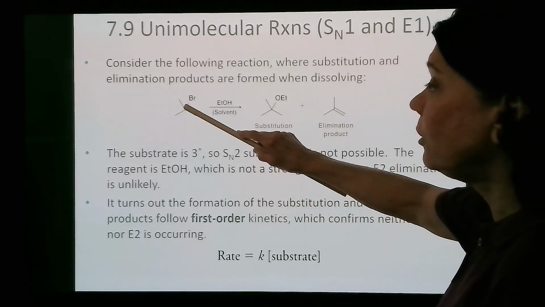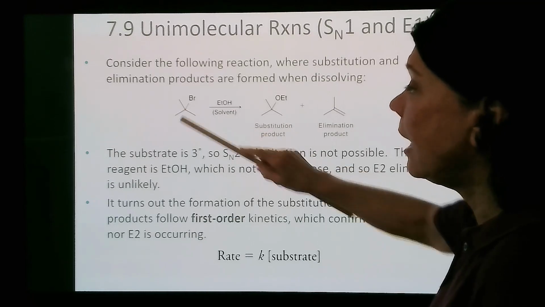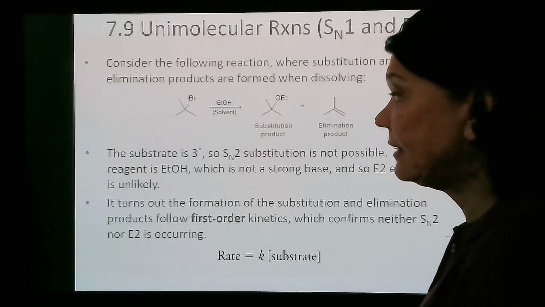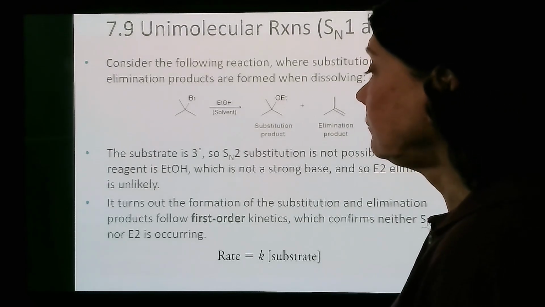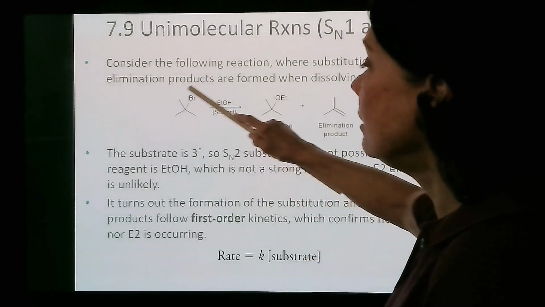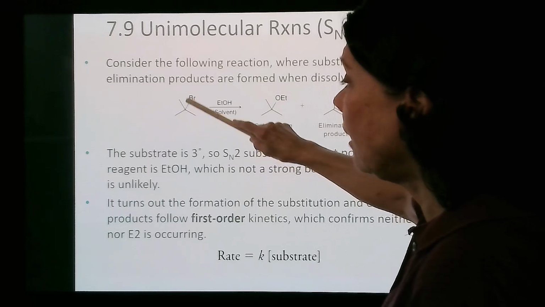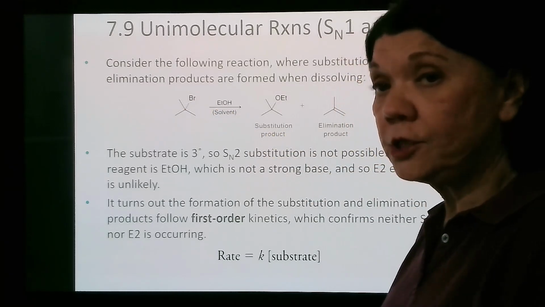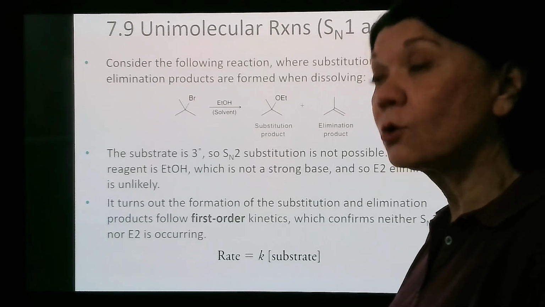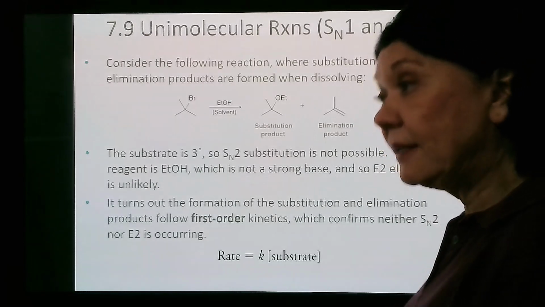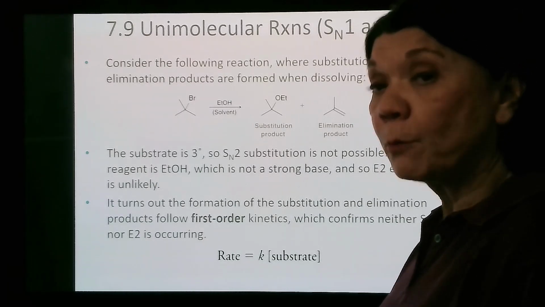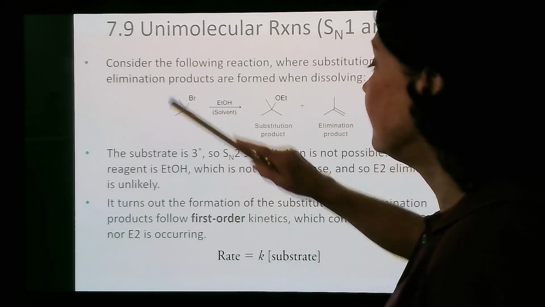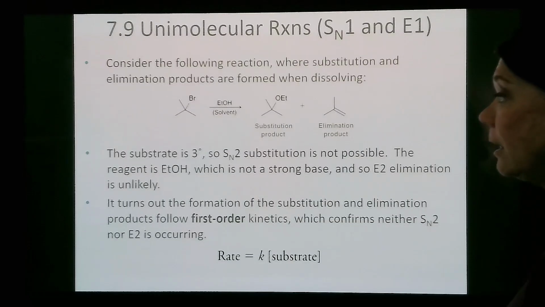But notice that what you have is a tertiary alkyl halide. This is going to be a two-step reaction. The first step is simply loss of bromide to form the tertiary carbocation, which can form as an intermediate because it's a stable carbocation.